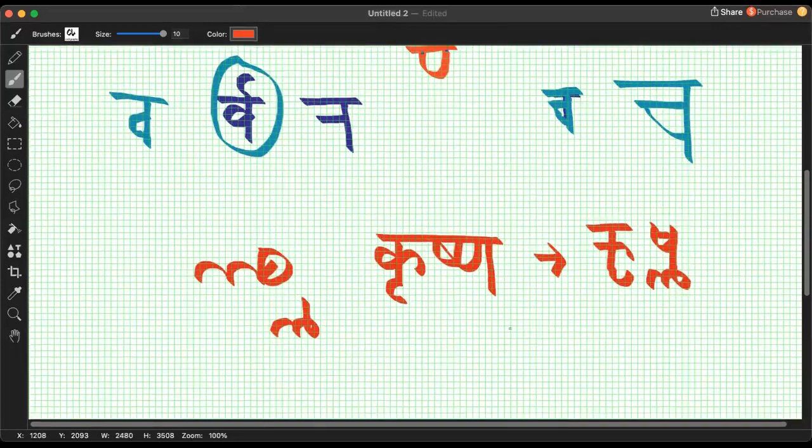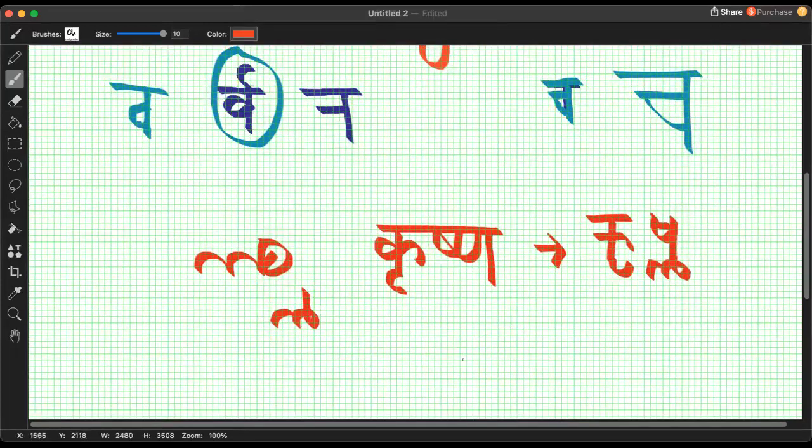If you're writing this with "na" and "ra", I'll first write the Shiroreka and draw a small line, and to the same, I will just write this "no".